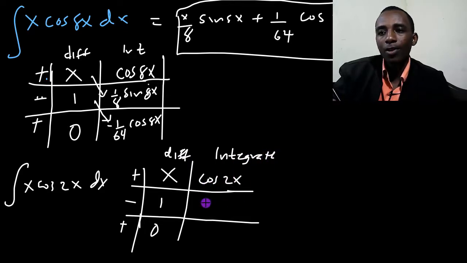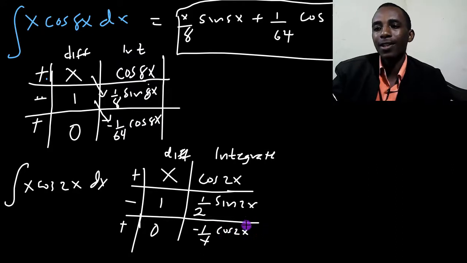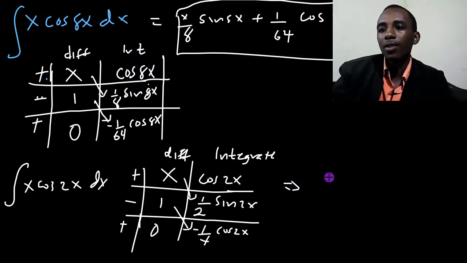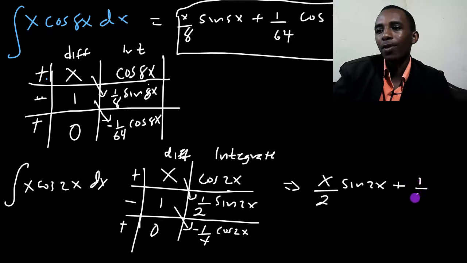So the integral of cos 2x, that's 1/2 sine 2x, that's the integral of this is -1/4 cos 2x. So let's write the final answer here. This times this and this times this. So this integral is x/2 sine 2x plus 1/4 cos 2x.